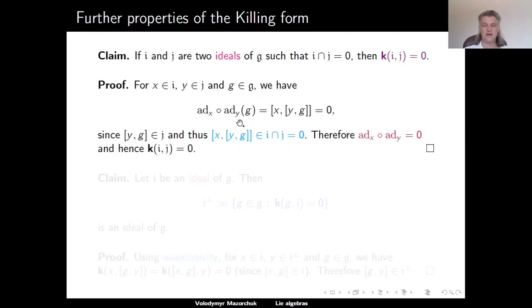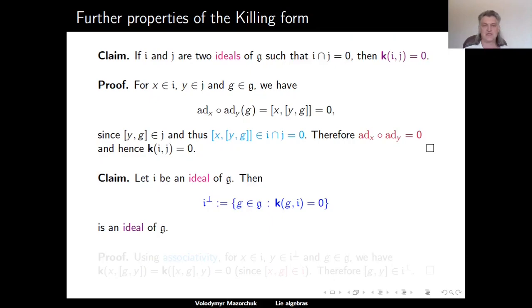This means that the linear operator ad x composition with ad y is a zero linear operator on G and hence has zero trace, which means that the Killing form evaluated at an element in I and an element in J equals 0.